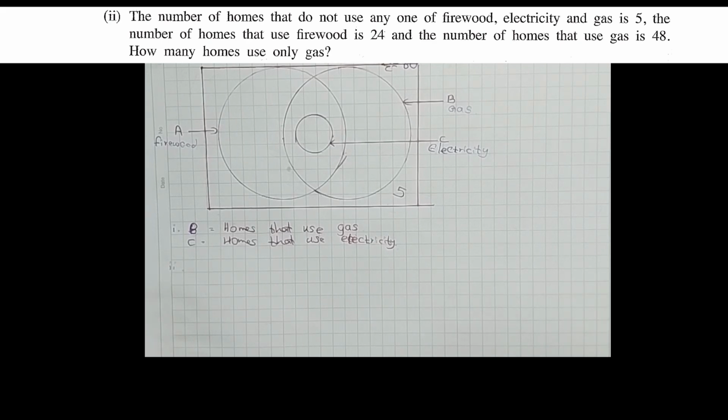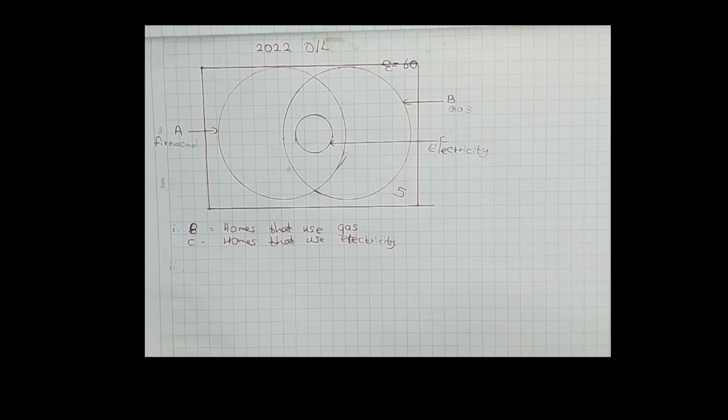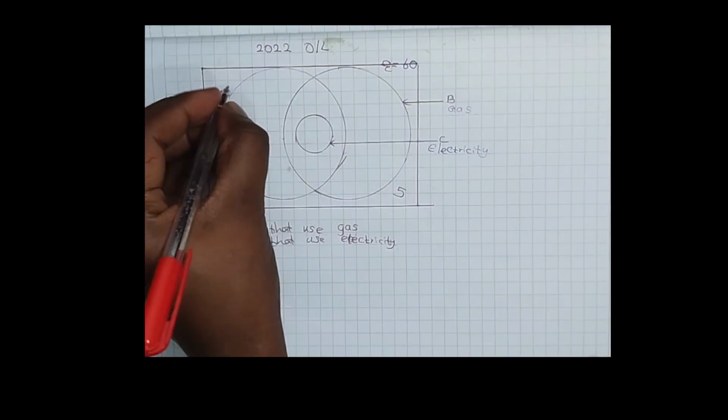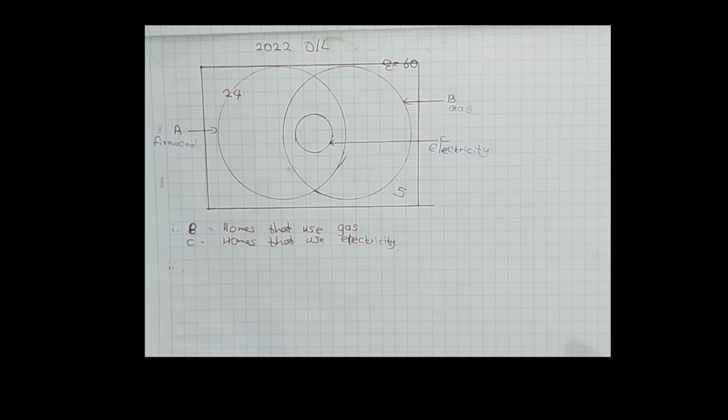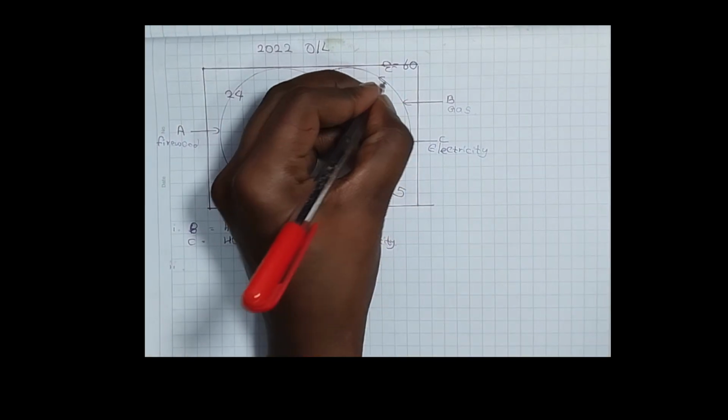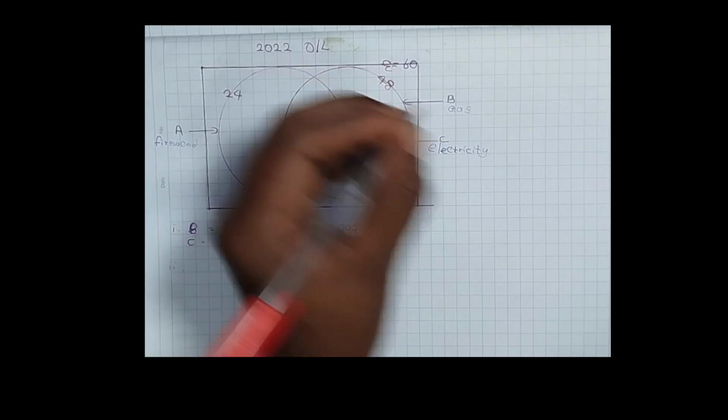The number of homes that use firewood is 24 and the number of homes that use gas is 48. How many homes use only gas? Okay, let's mark the given details. Homes that use firewood is 24. Let's mark it here on the circle. Firewood, and gas is 48. Let's mark it here, 48.